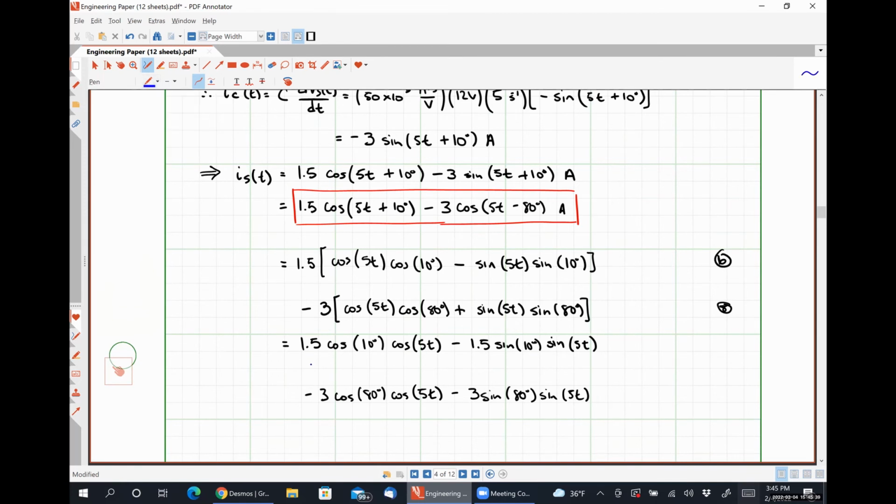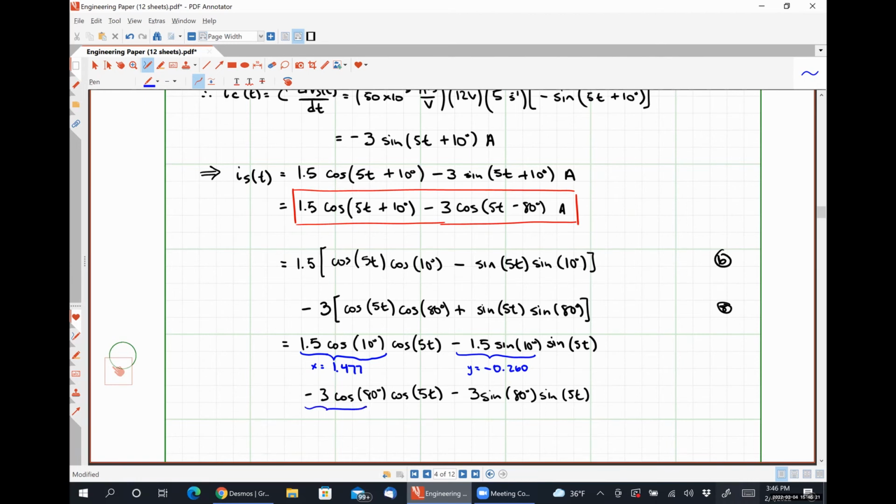So X here is equal to 1.477, where this bit is what I'm calling X. And I'm going to call this bit Y, where that's just negative 1.5 times the sine of 10 degrees, and that is negative 0.260.